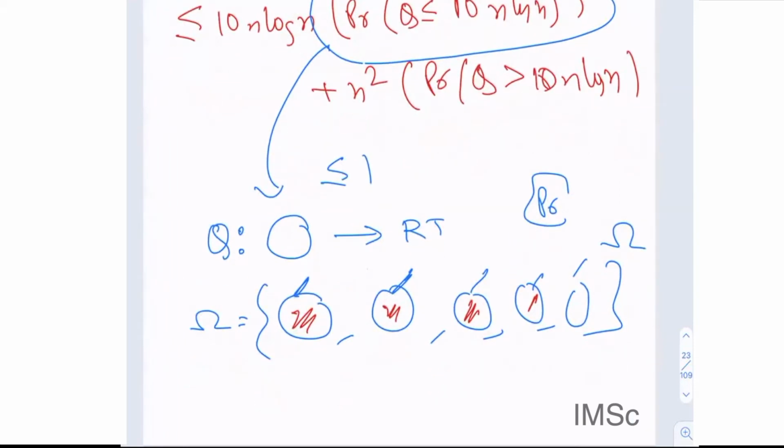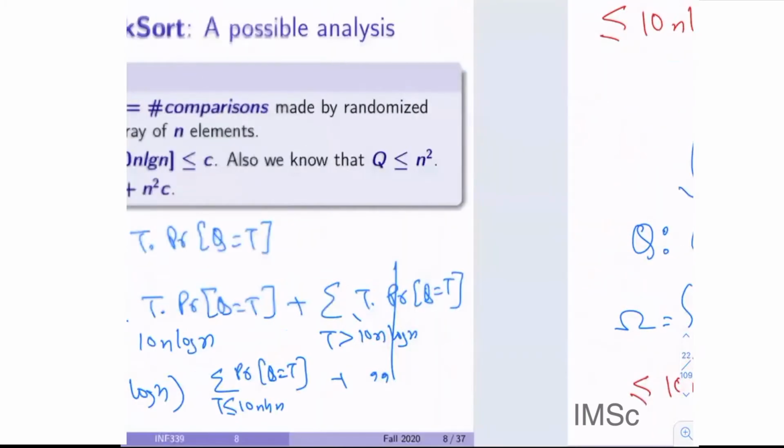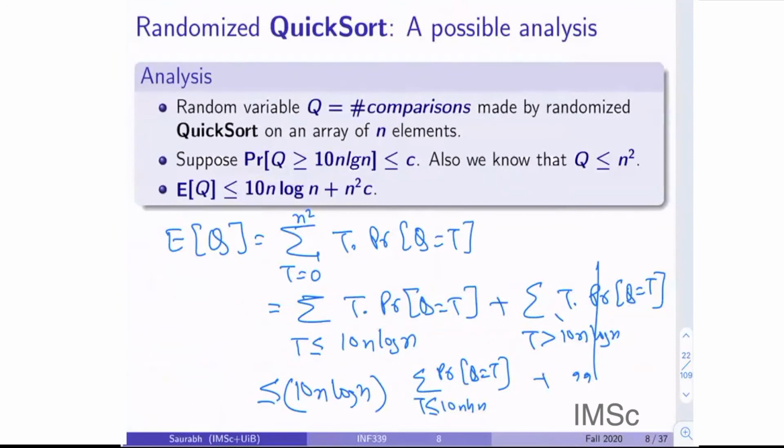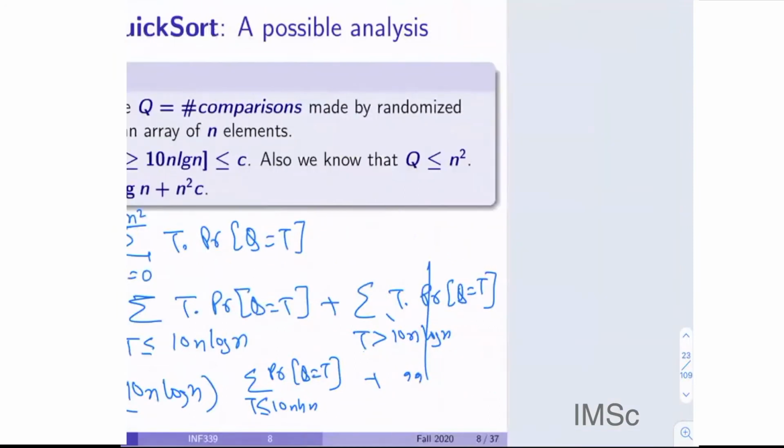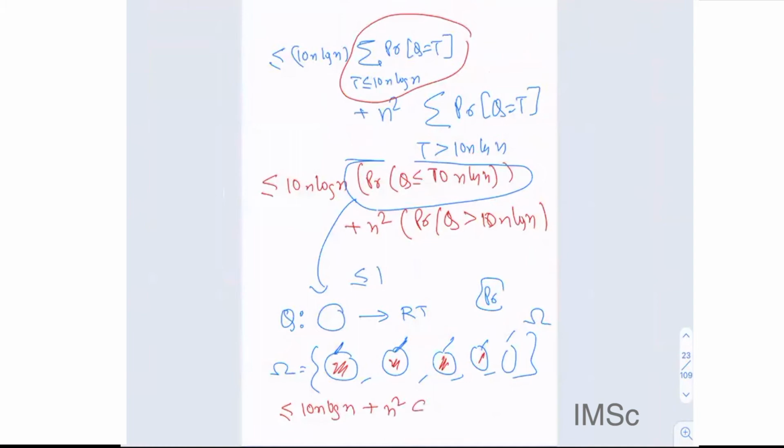Okay. So this implies that I can use this to say 10n log n plus n square. But what is the probability that Q is greater than 10n log n? Well, this is exactly what I said is at most c, right? So then I can use a c here.